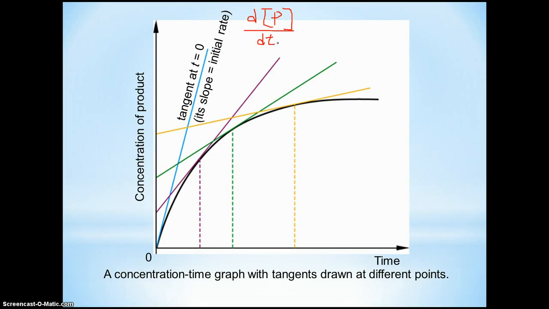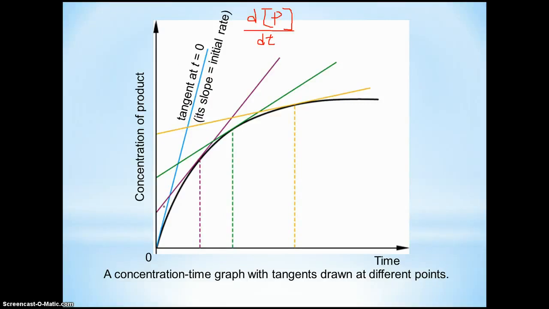This is the rate of change of the product's concentration over a very short period of time. In this case, we are talking about the initial part, so it's almost like 0. This part is what we call the initial rate, the rate at the very beginning of the reaction, which follows this linear dimension.